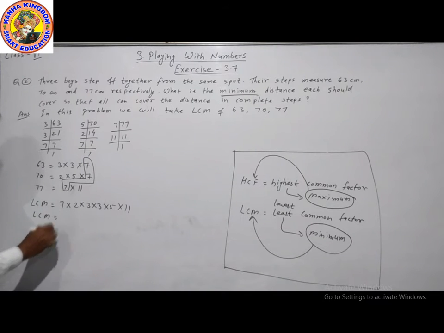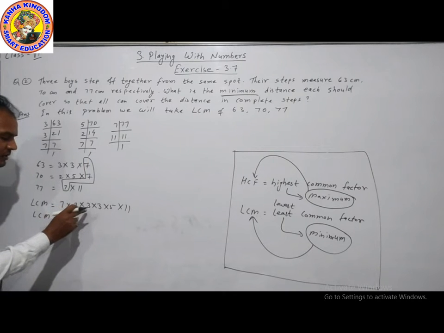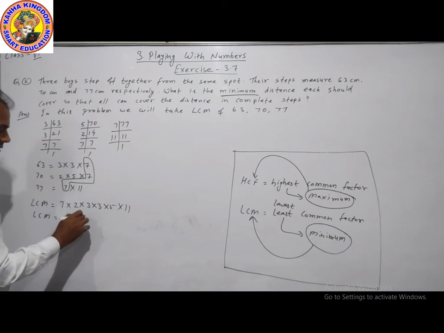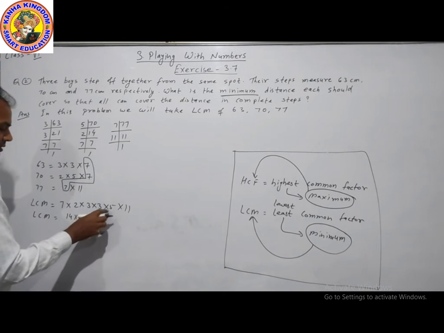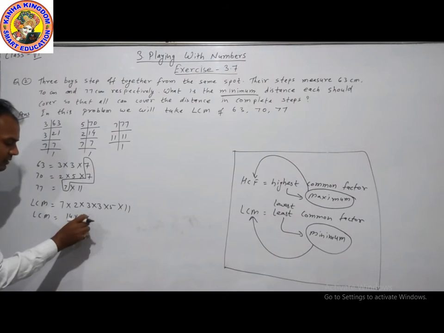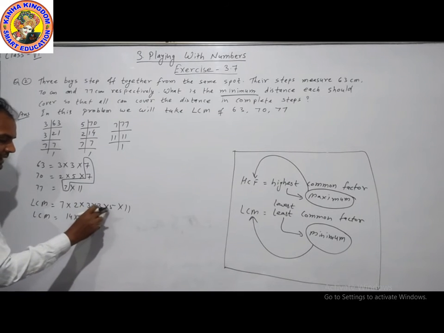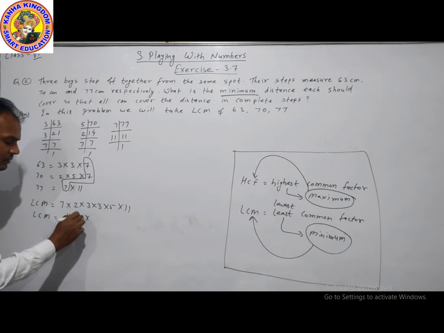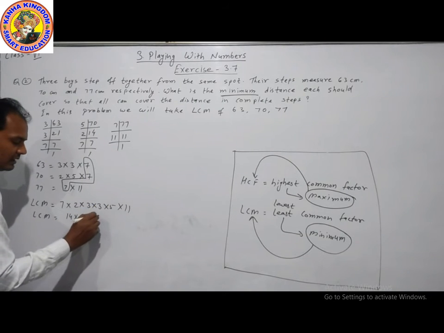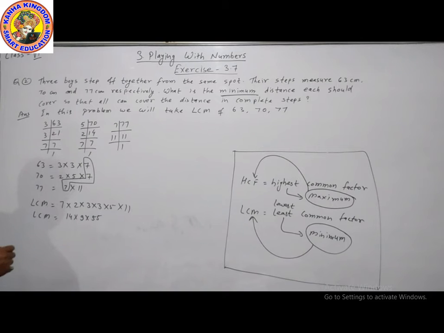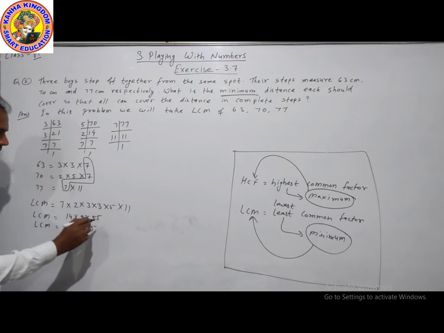Now LCM is 7 into 2, 14. 3 into 3 is 9. 5 into 11 is 55. Now LCM is 14 into 9, 126, then 55.